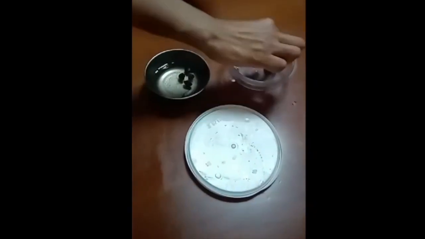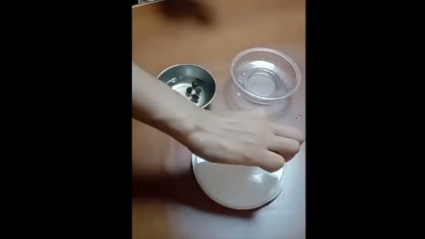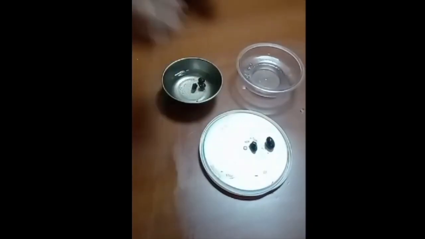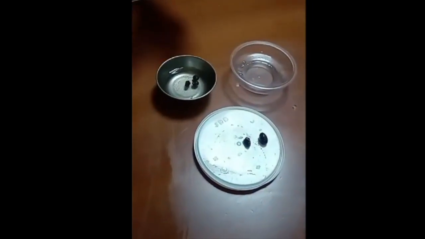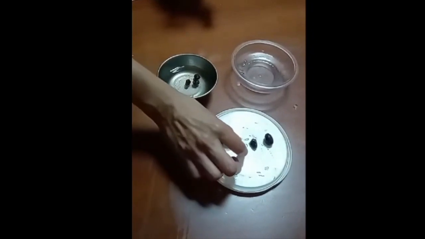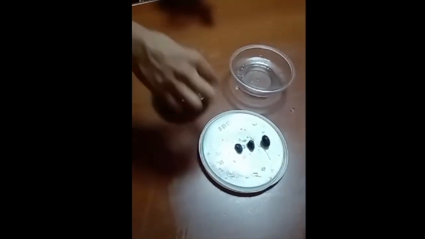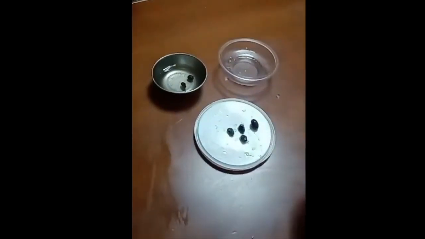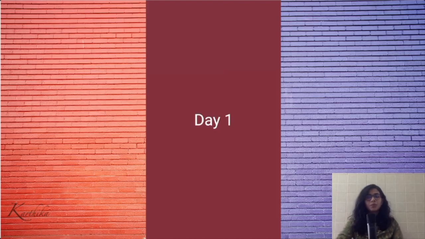Yes, so day 3, the first one that I'm picking up is the one that was in plain water. Now in the middle is the raisin that was put in sugar solution, and the third one here was the dried raisin. I did it for you to compare, though it's not the same raisin, but still you can have a rough idea about what has happened.